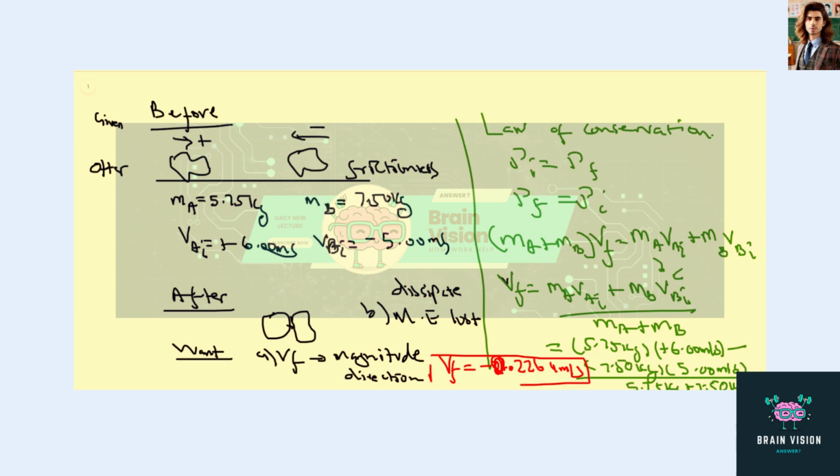In terms of the requirements of the problem, we're simply going to say that the magnitude is just the speed, which is 0.2264 meters per second, and the direction is towards the left. So it seems that the heavier one will push the lighter one towards the left.